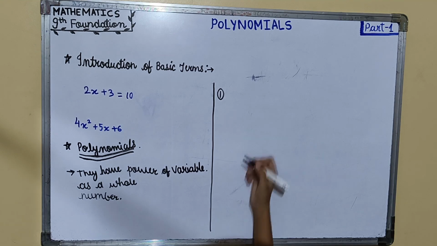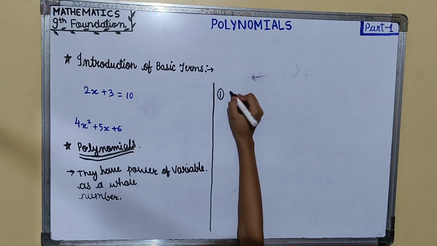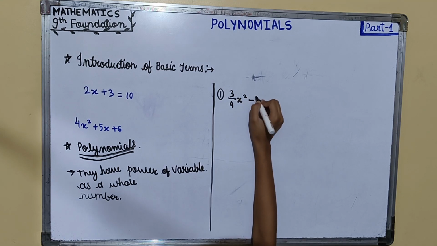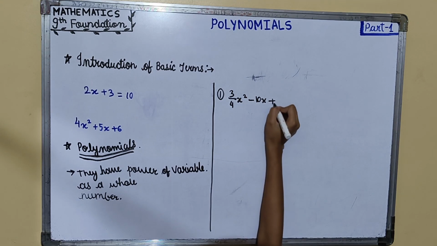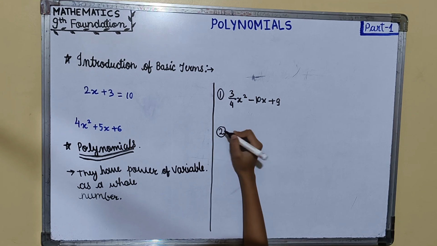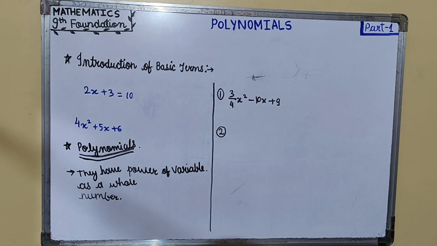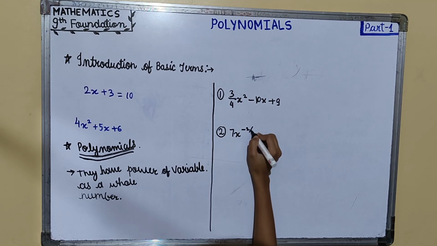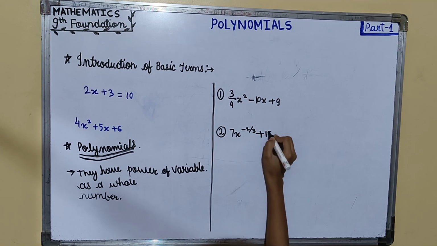First example is 3 by 4 x square minus 10x plus 9. In this example we will learn all the main topics of polynomials. We will see a few examples. Then second is 7x raised to minus 2 by 3 plus 15.